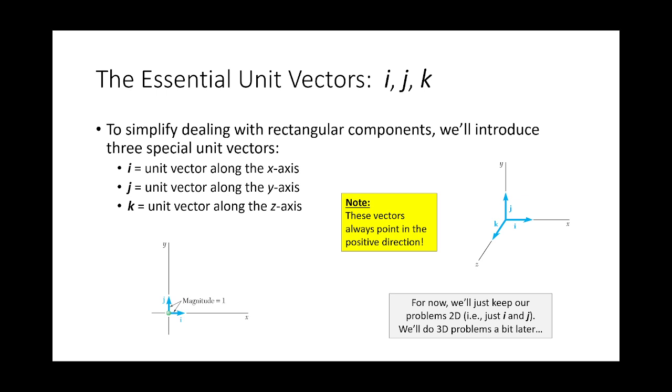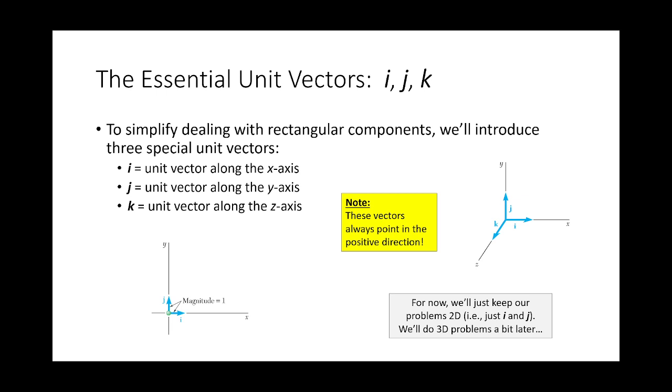We're not going to use the k vector today, but once you understand the concept of unit vectors and magnitude and direction, introduction of a 3rd dimension doesn't really introduce any more complexity. It might make the problems a little longer, but it doesn't make them any more difficult.